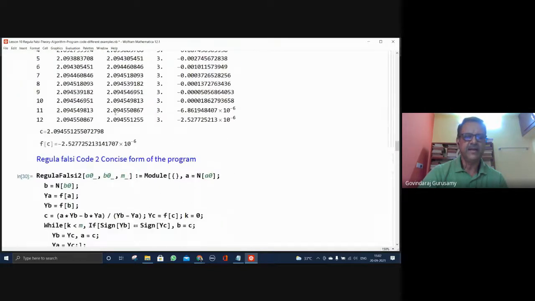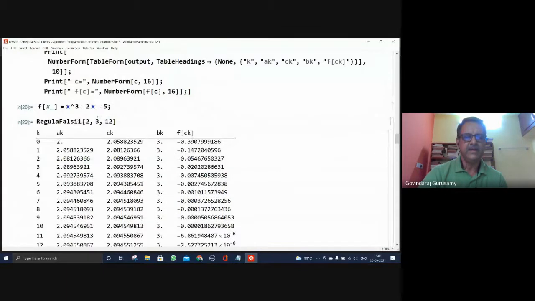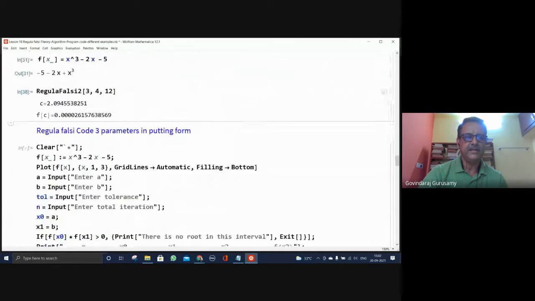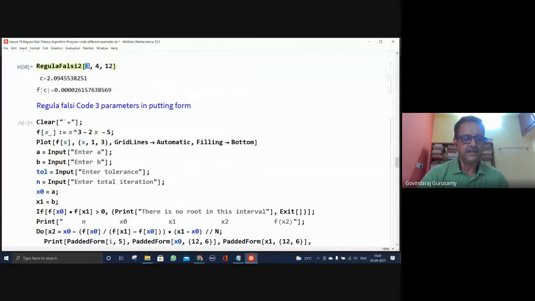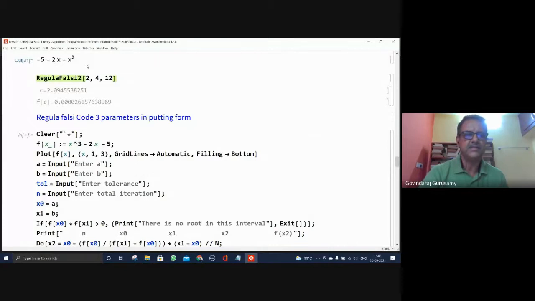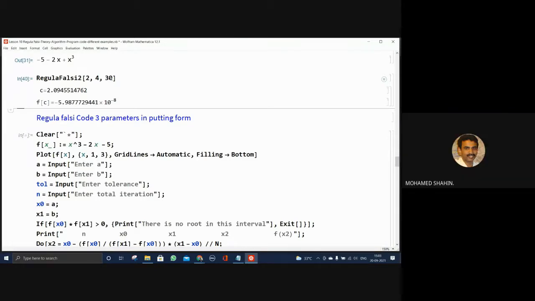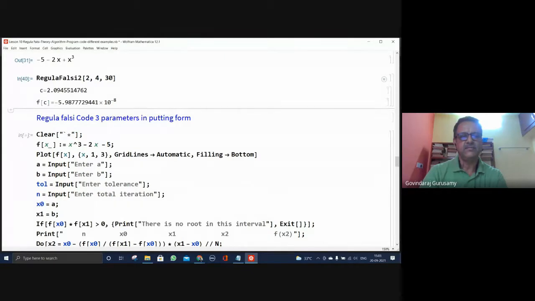But to be on the safe side, it's better to have a bracketing, where you try to accommodate the x value such that it will always lie between, so that you are sure about it. Now if you give a wider range, even for 12 iterations, accuracy goes down. Then I have to increase the number of iterations, and that might improve it. You see the point? For a wider range, the number of iterations required is more.